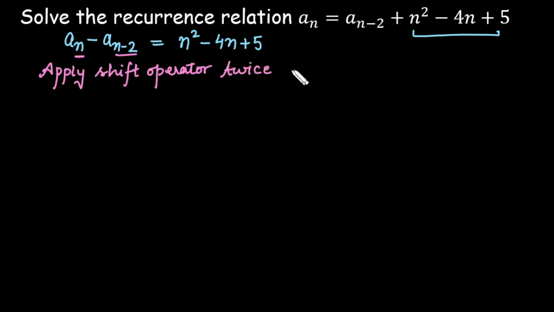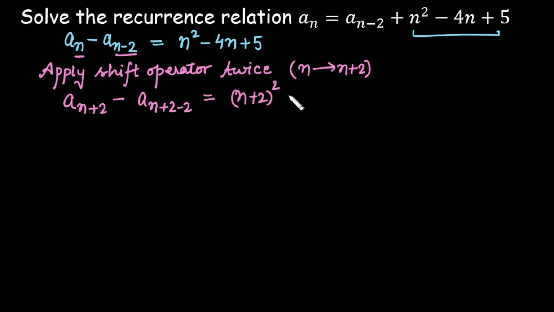So in this case n is shifted to n plus 2. We can write here a_(n plus 2) minus a_(n plus 2 minus 2) is equal to (n plus 2) whole square minus 4 times (n plus 2) plus 5.